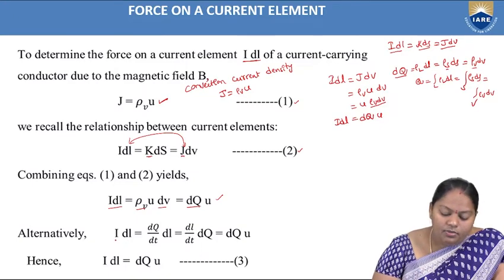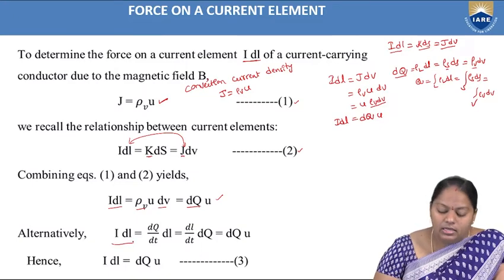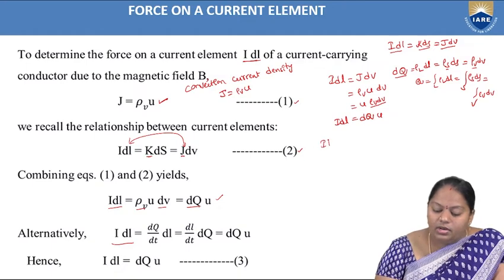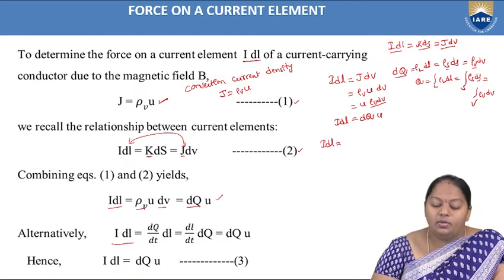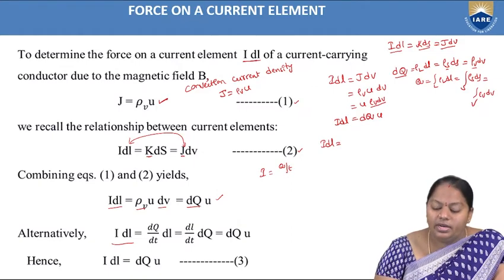Another one is, if we consider IDL as the line current element, in general we can define the current I as charge per unit time, that is Q by T. For the differential element this is given by dq by dt.